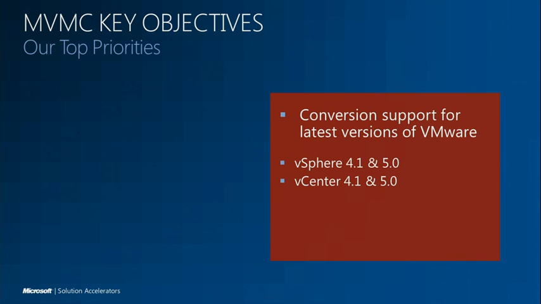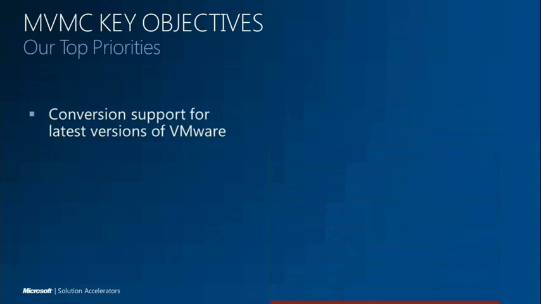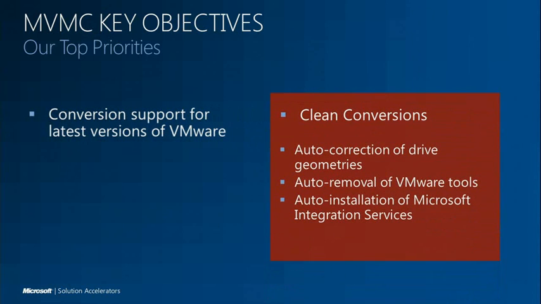for the beta release. So we wanted to enable a conversion of VMware machines that were created either in a 4.1 or 5.0 environment, and we've done that. One of the things that Hyper-V needs is specific drive geometries that are not necessarily enforced by VMware.